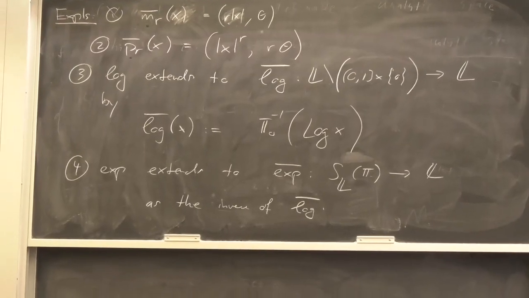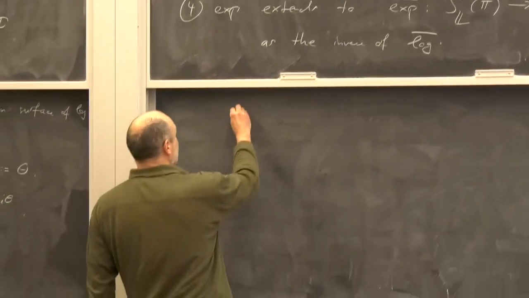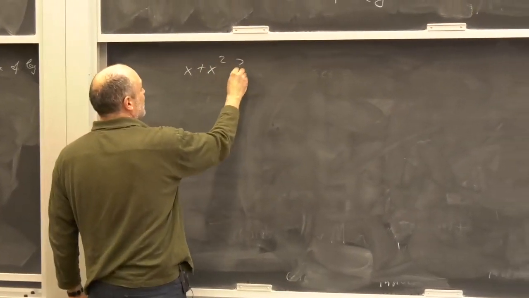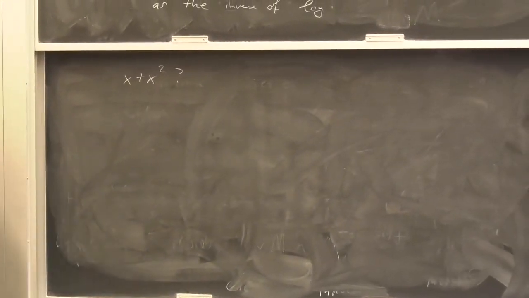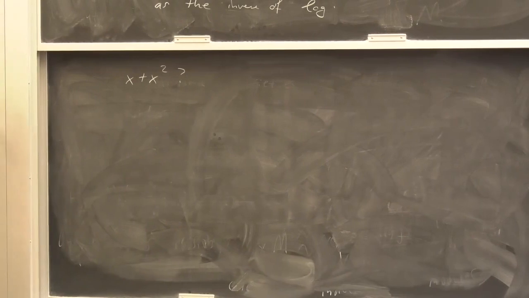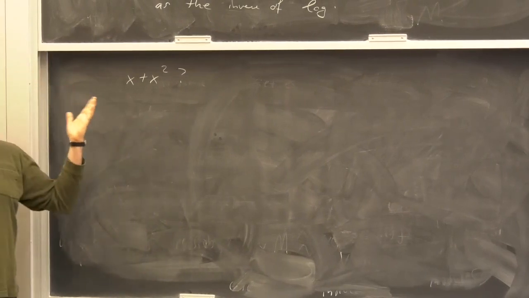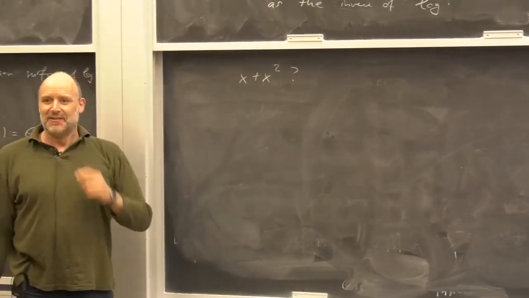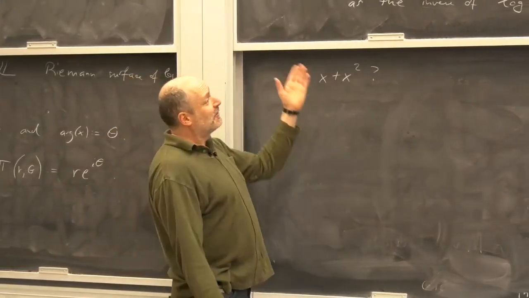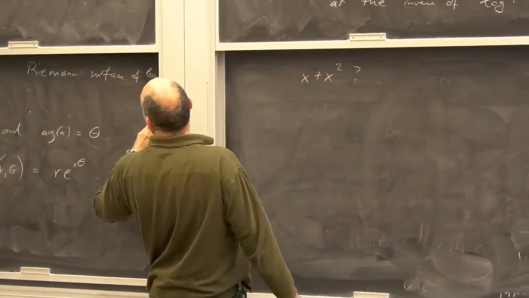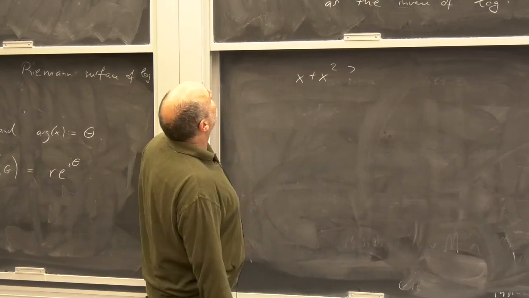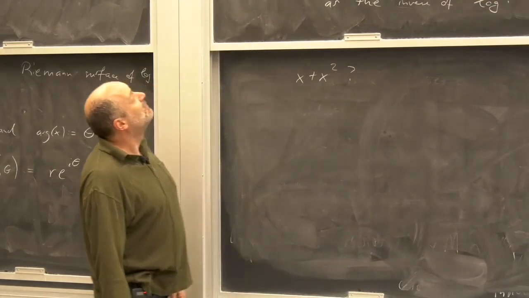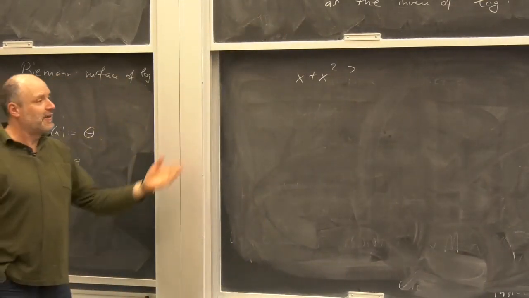Exactly, we haven't covered addition. What about x plus x squared even? Addition does not extend on the Riemann surface. It doesn't make sense, it's an operation. Even though I can do powers, I can do x log, I can do multiplication and so on, I cannot do addition.